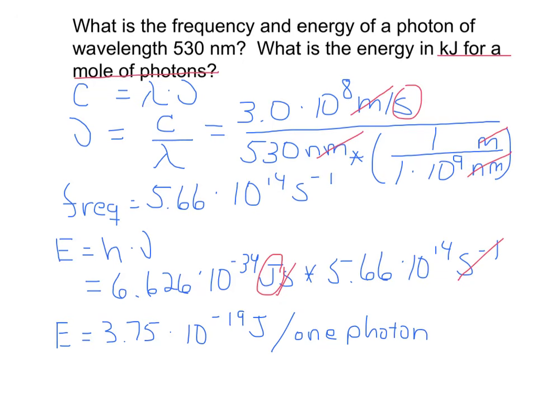So now we need to work on that. Okay, from the previous slide, we have 3.75 times 10 to the minus 19th joules per photon. And that's for 1 photon.